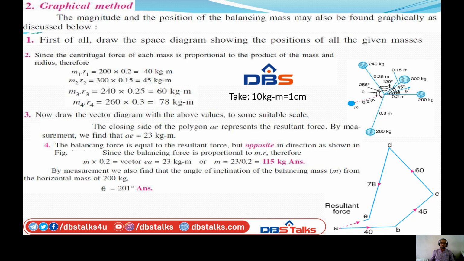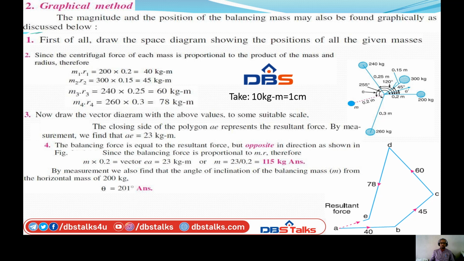So draw CD as 6 centimeters. And what is the last one? The fourth mass from D to E, at an angle of 135 degrees, with length 7.8 centimeters.